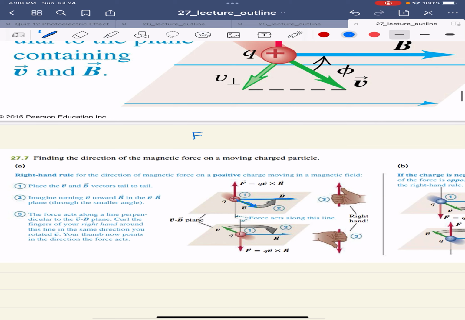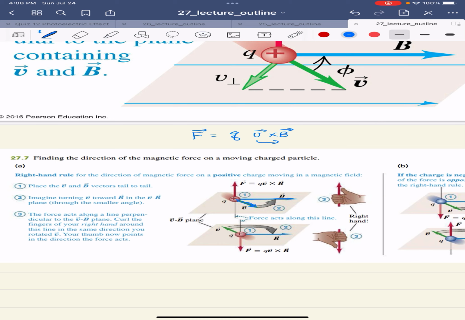Because F is Q V cross B. Then V is going to go to B, and you're going to use your right hand. You're going to curl your fingers in the direction from V to B, and your thumb is going to show the direction of the force.